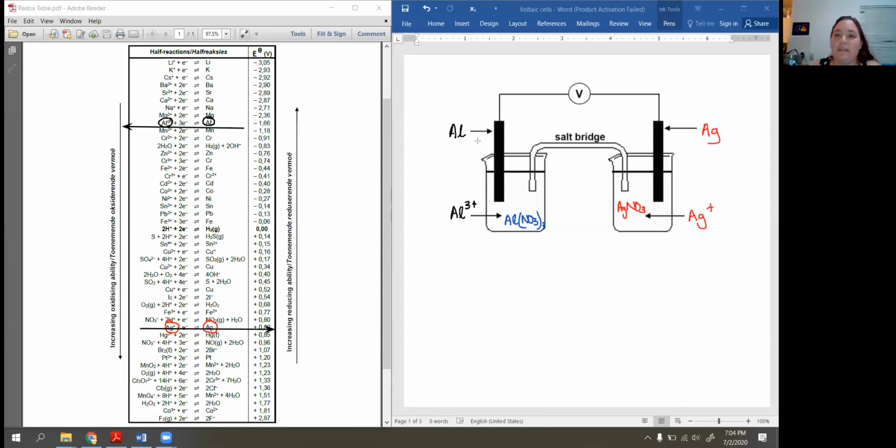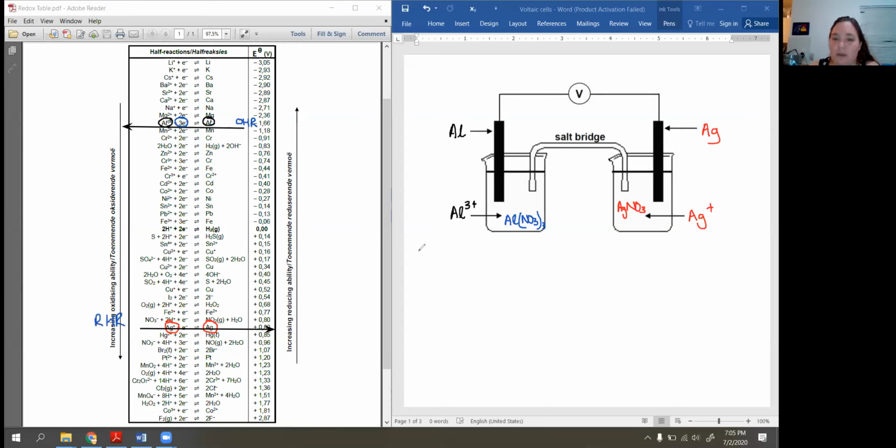With the oxidation half reaction, oxidation is loss of electrons, and anytime you read off this table from right to left, you will give off electrons, guaranteed. So that is my oxidation half reaction. Reading the other way is the reduction half reaction.